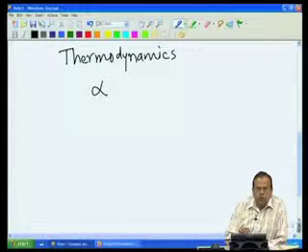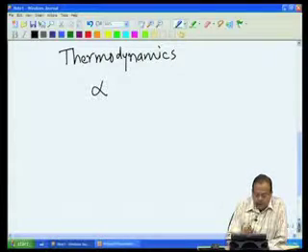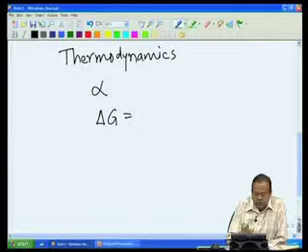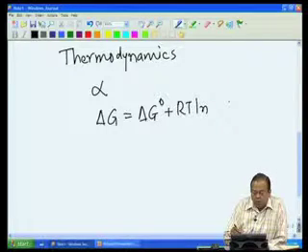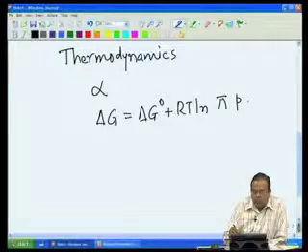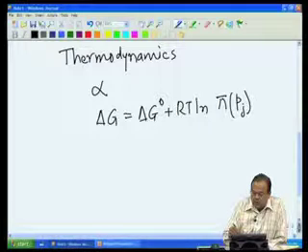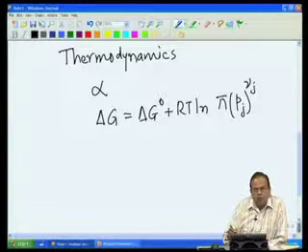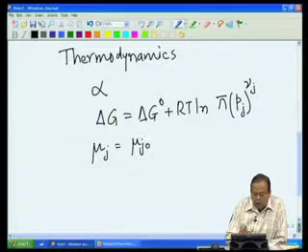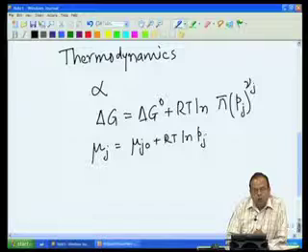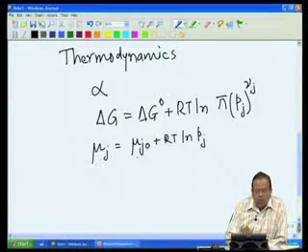And this led us to using free energy concept and saying that delta G, the free energy change, is delta G 0 plus RT ln product of, let us say if you are writing a gas phase reaction with ideal mixture behavior, P_j raised to nu_j, and to arrive at this equation we took help of chemical potential mu, related it for the species j to, let us say in an ideal gas mixture, the standard condition chemical potential.